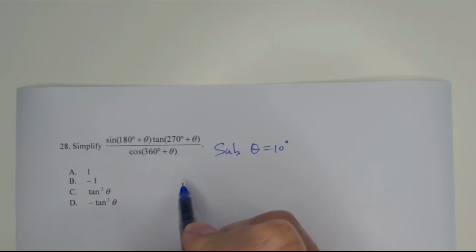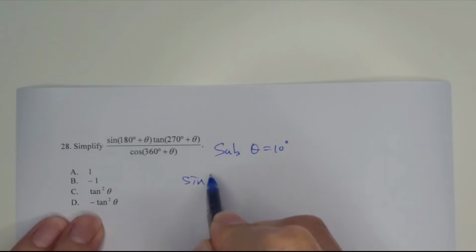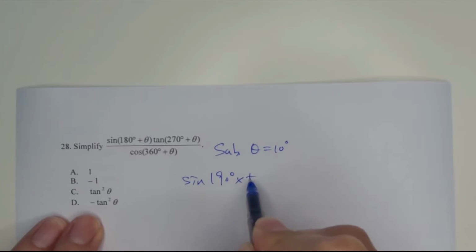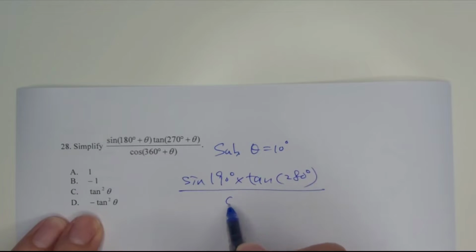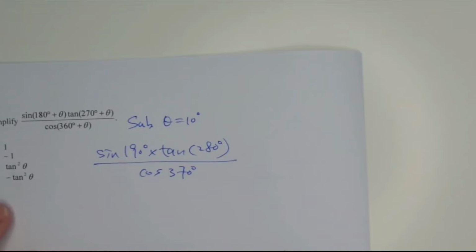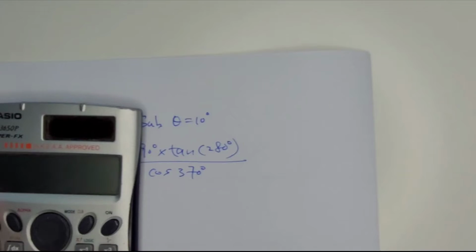What you need to do is sine 190 degrees times tangent 280 degrees over cosine 370 degrees. That's what you need to plug in. So let's try.